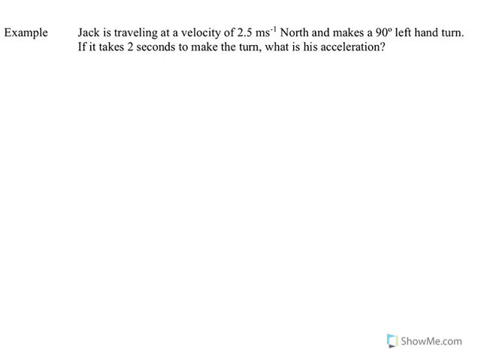Assuming that after his left-hand turn he's still going at 2.5, his initial velocity, VI, is 2.5 metres per second north. Again, I forgot to put my little north arrow up the page here.